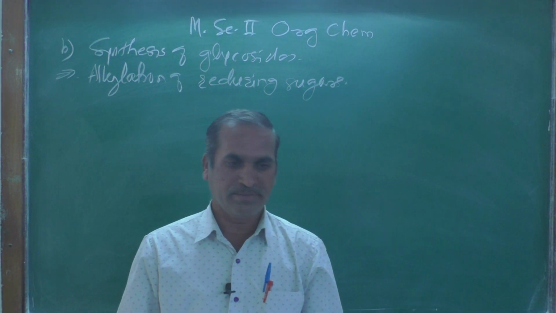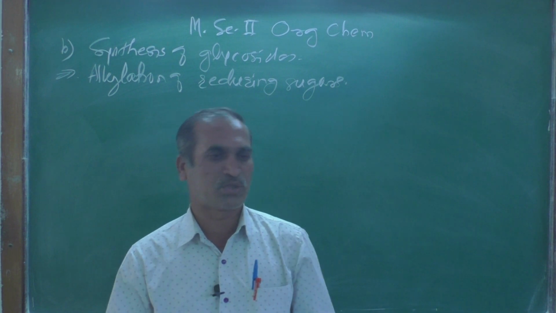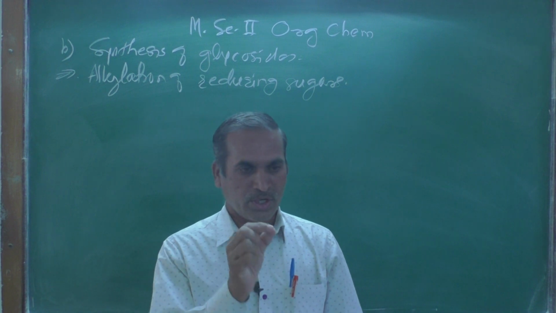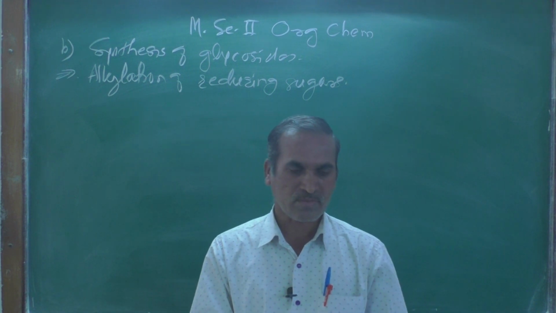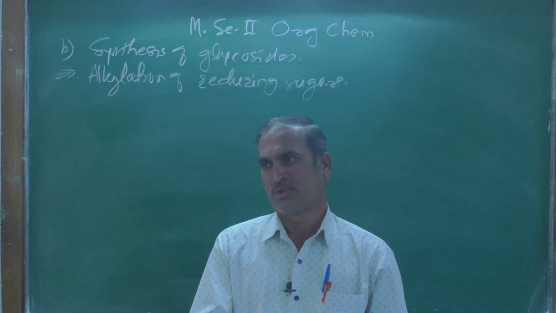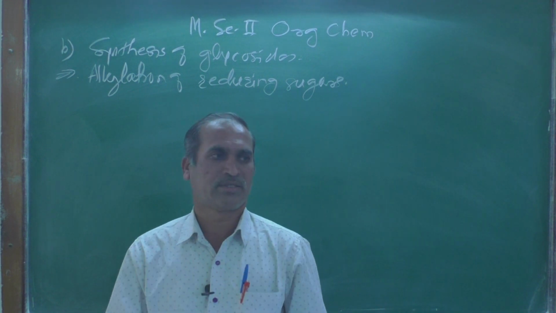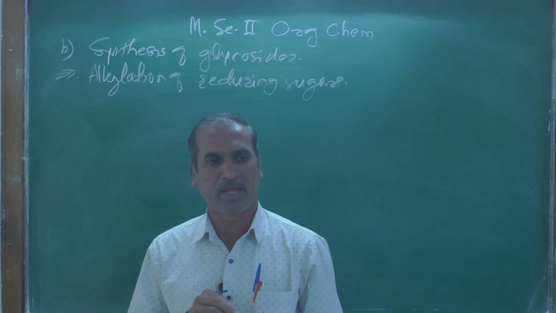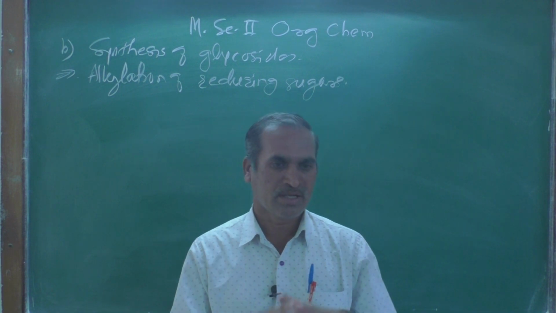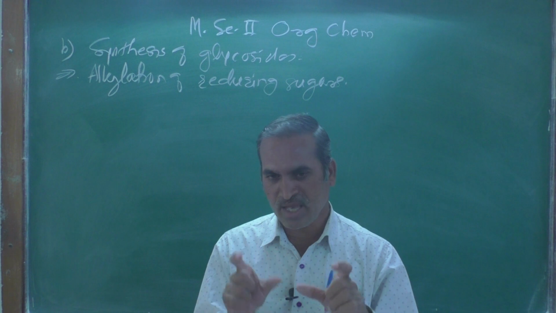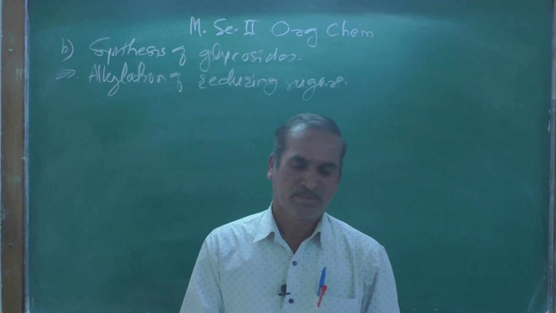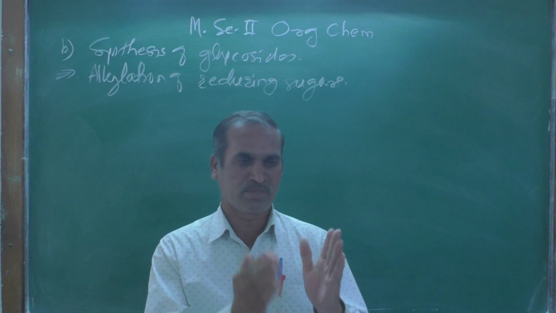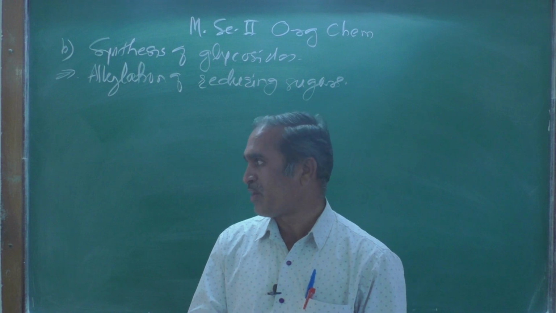How do we define alkylation of reducing sugar? Reducing sugar means what? In sugar chemistry, the sugar units generally at equilibrium are present in the cyclic form, and specifically the basic carbohydrate unit D-glucose is mainly present as a mixture of alpha and beta.